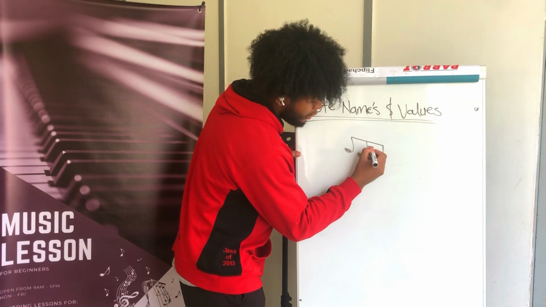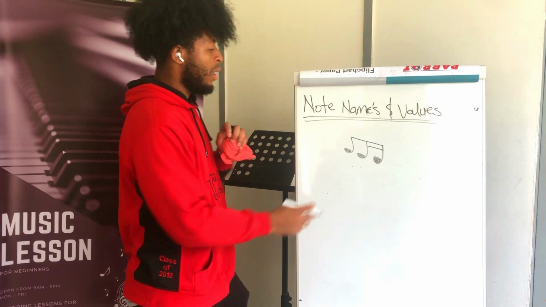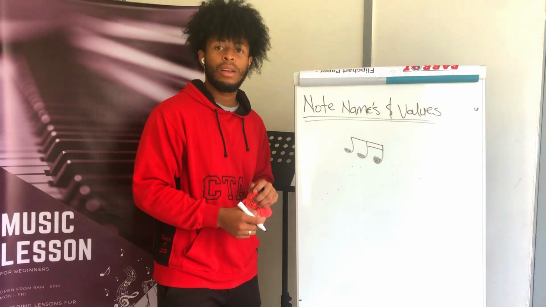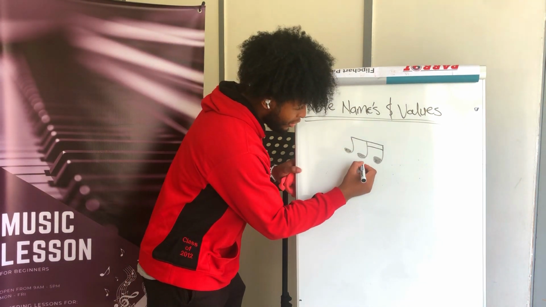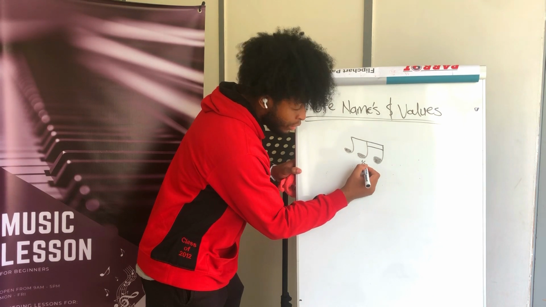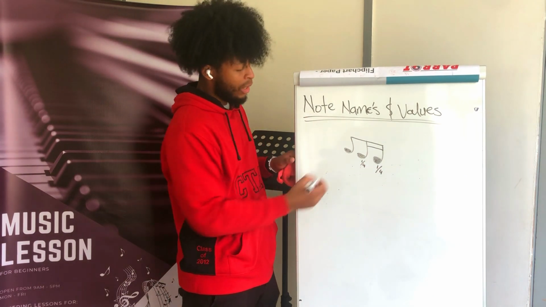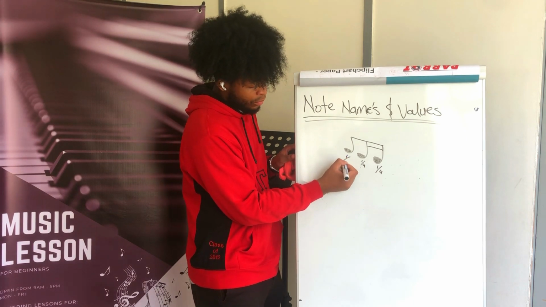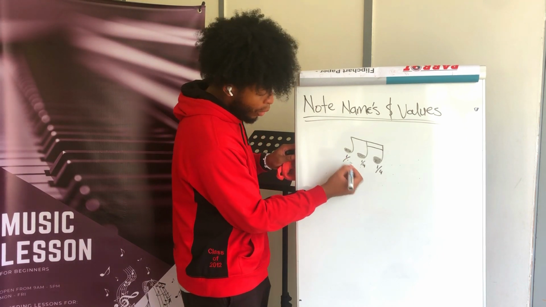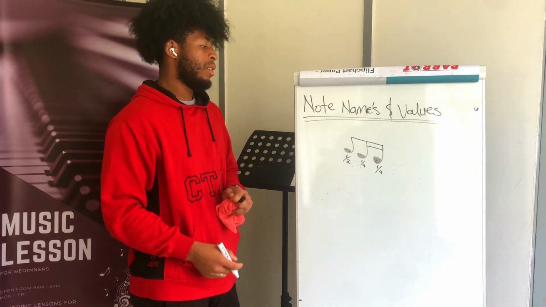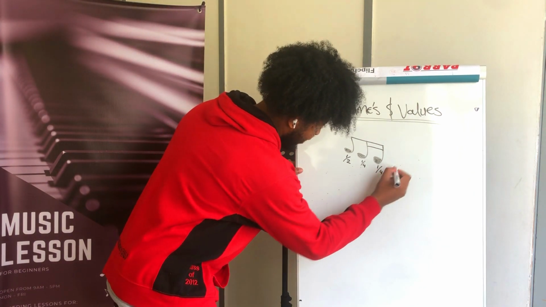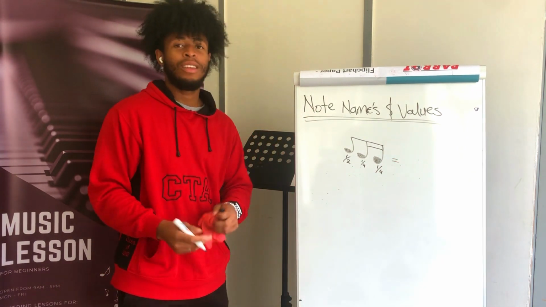Now, this is our semi-quaver, and that's our quaver. So this is half, and this is 1 over 4, 1 over 4, and this is 1 over 2. And this is equal to, guess what?